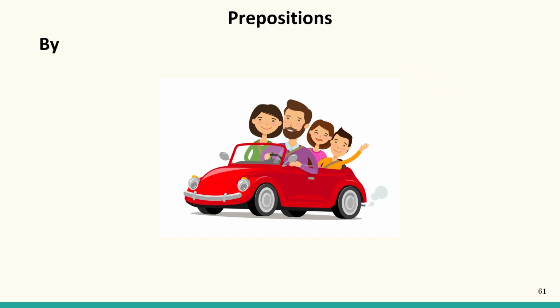Now by. By shows the agent of doing something. Now, how do we use by? If some work is done by someone, for example, if I write a sentence, now this sentence is written by me. So, I'm the agent of doing this. So, the sentence is written by me.